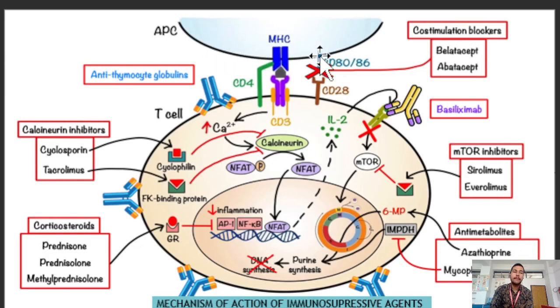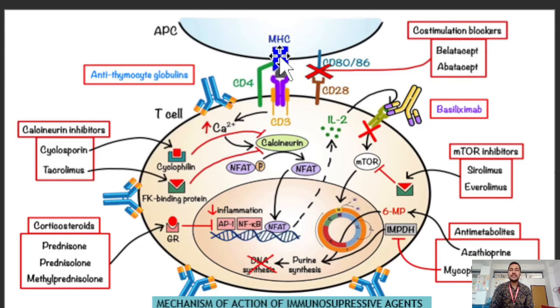When the binding takes place between CD4 and CD3, the signal transduction from the APC to the T cell is done via this MHC, which stands for Major Histocompatibility Complex.